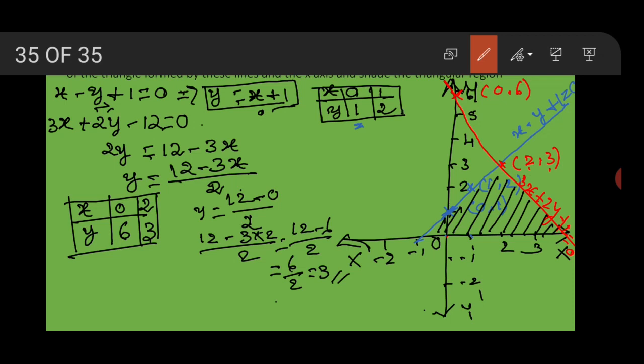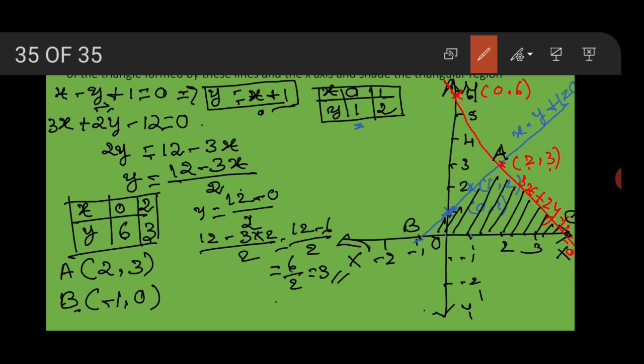Shade the triangular region, and here we have to find the vertices of the triangle. What are the vertices of the triangle? Take this vertex as A, this as B, and this point as C. I will write here, A is what? 2, 3.